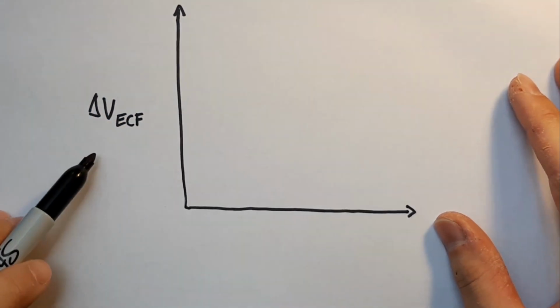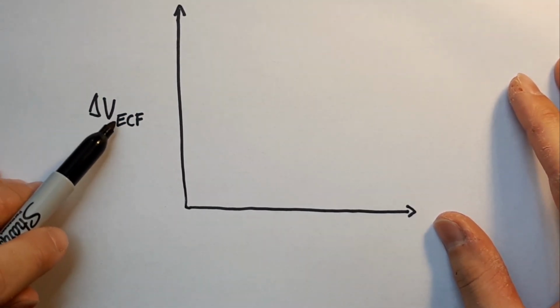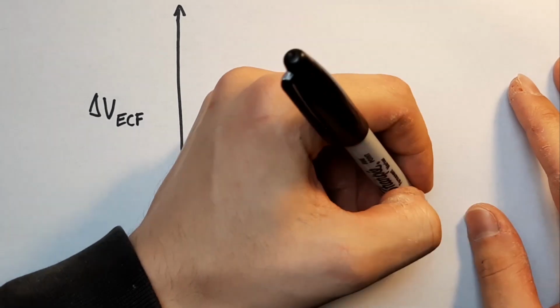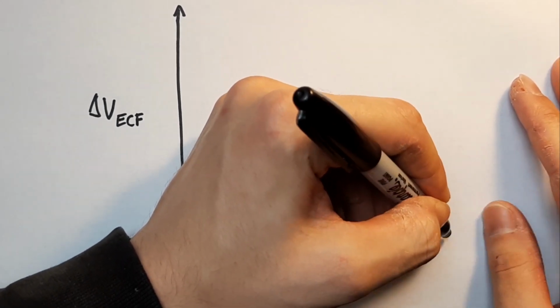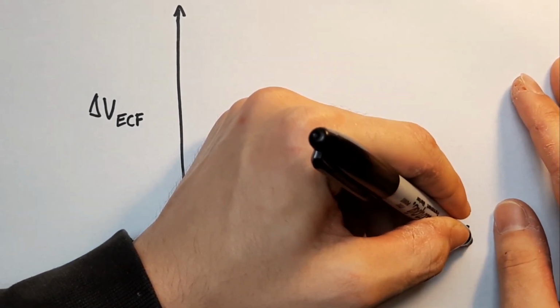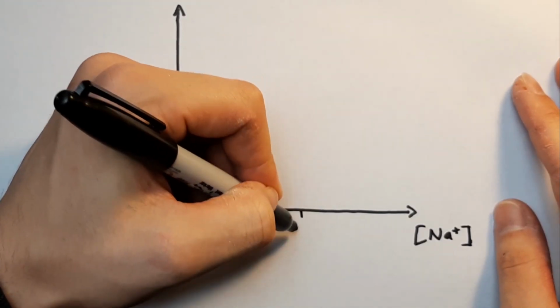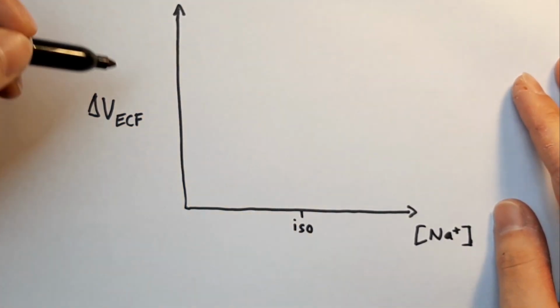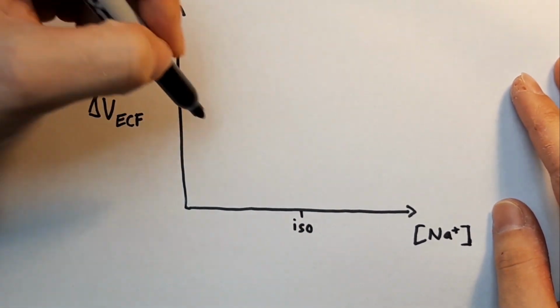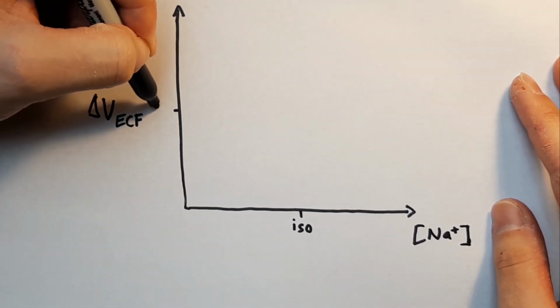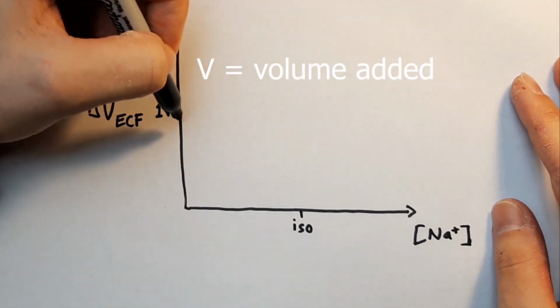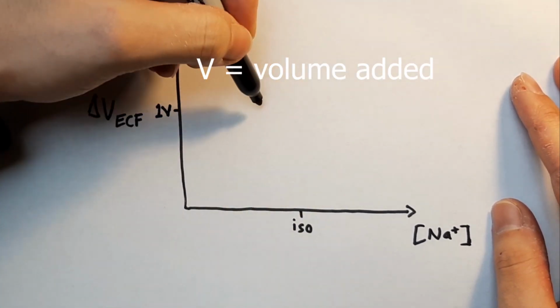Okay, so in this graph, we're plotting the volume change of the extracellular fluid against the sodium concentration of the fluid that's being added or lost. So let's say that the sodium concentration is isotonic. So let's say you're adding isotonic saline. You're going to get all of that fluid going into the ECF, right?